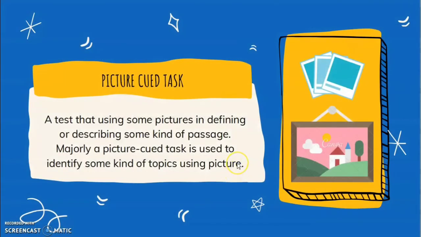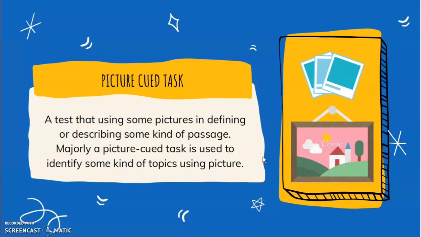Next one is picture cue task. This is a test that uses pictures in defining or describing some passage. Mainly, a picture cue task is used to identify a topic using a picture.